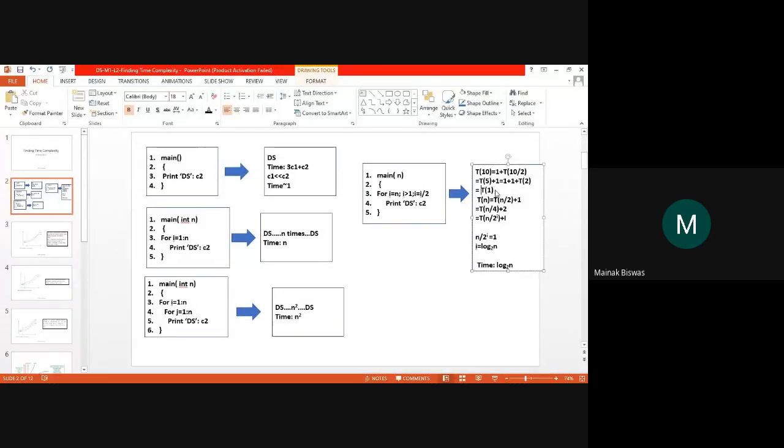So it will become 1 plus 1 plus 1 times DS. Then 2 by 2 is equal to 1. It now checks the condition, 1 is greater than 1. False, so it will get out of the loop. Till this you have understood that.